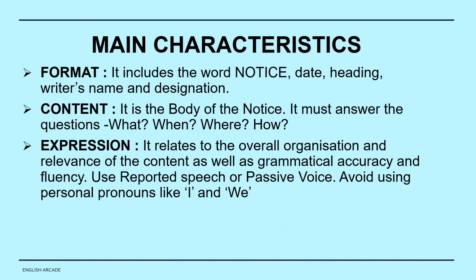And expression, which relates to the overall organization and relevance of the content, as well as the grammatical accuracy and fluency. Use reported speech or passive voice while writing a notice, and avoid using personal pronouns like I and we.